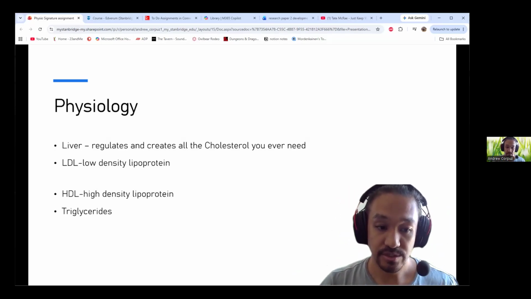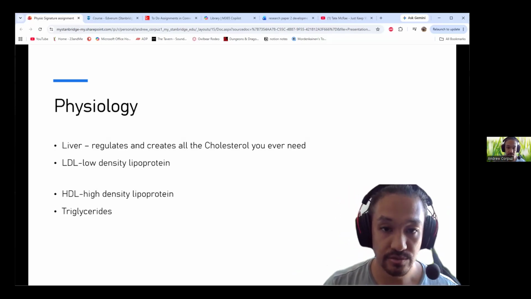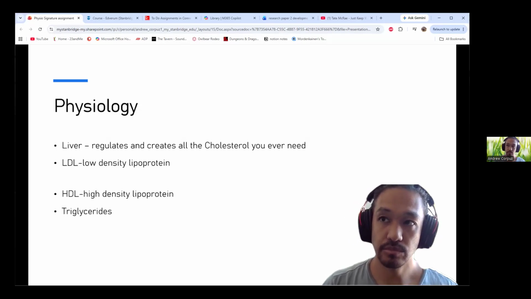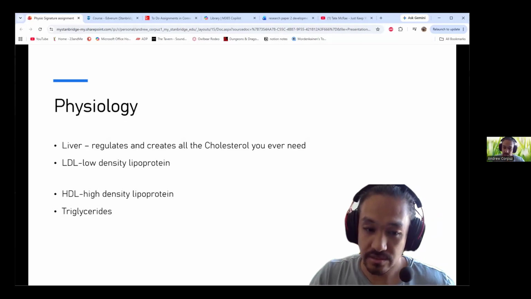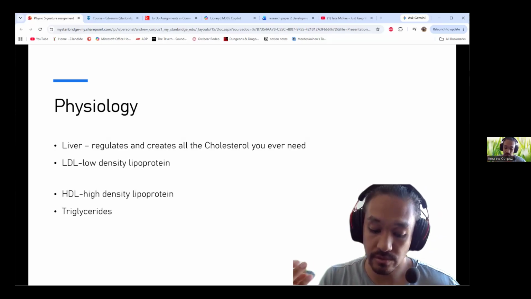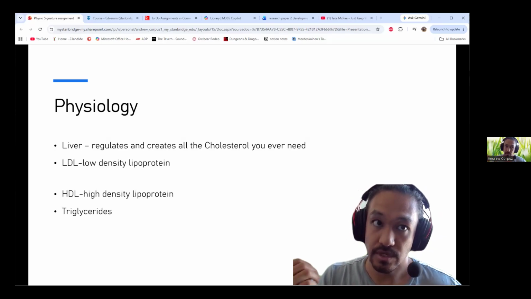And then we have a bunch of triglycerides that also flow through our body, separate from our HDL and LDLs, but they're thrown in there because they're important for cell function.